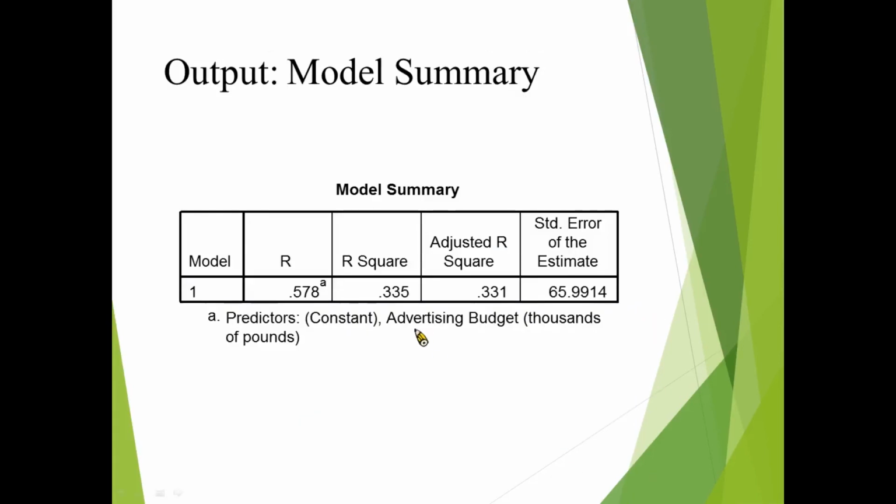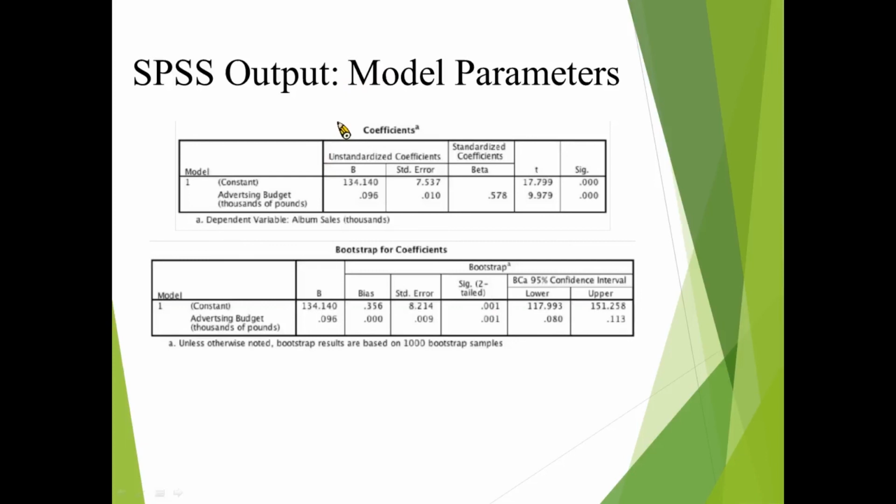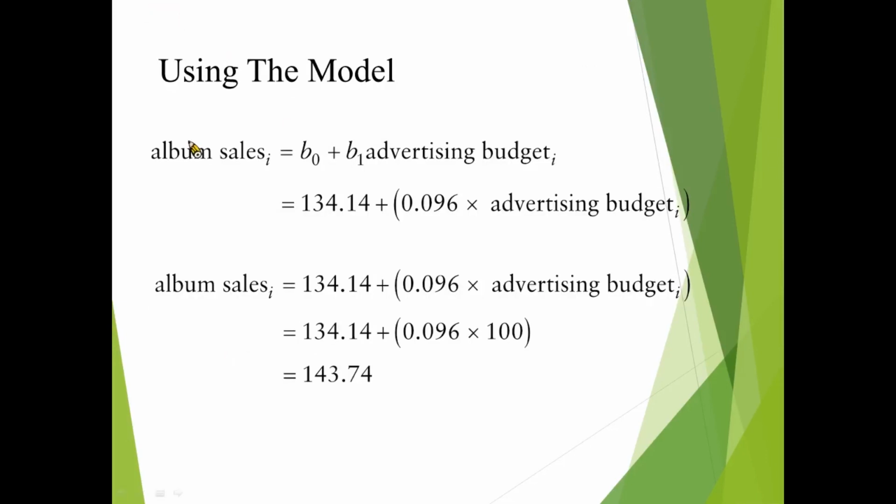You can get the R squared. Then the number you got is the same, it is significant, and this is the F test, and this is the coefficients. You can see this formula is the same. This is the linear regression model.